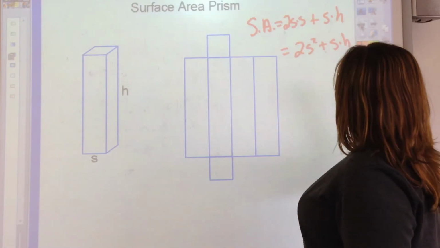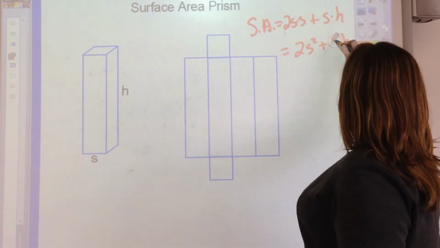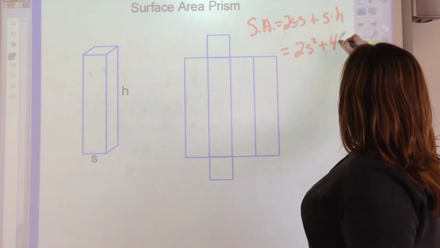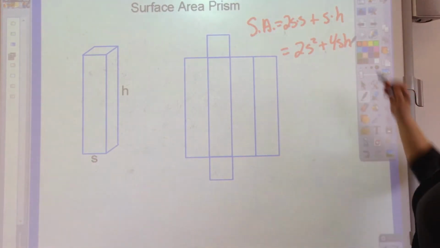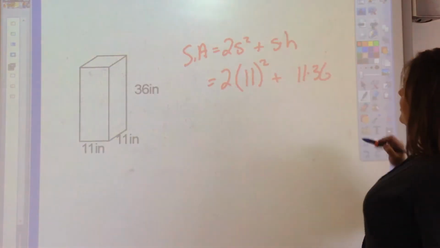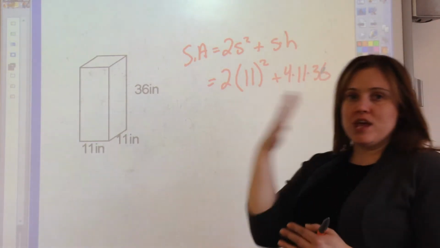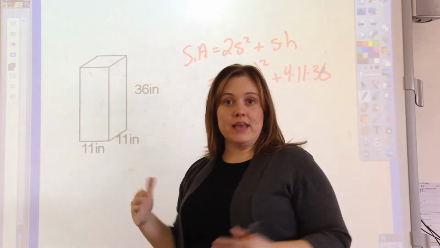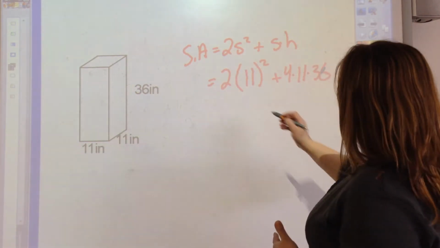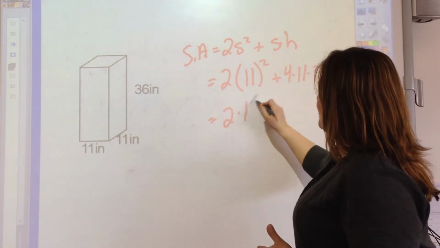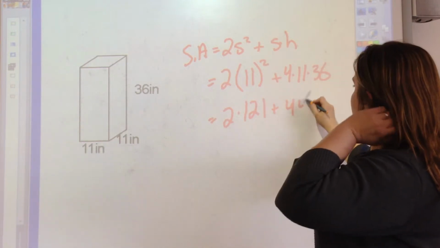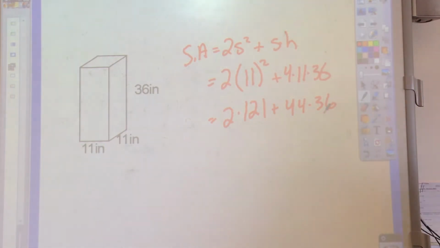I'm sorry, I need to go back to the previous page, don't I? Oi! Let's make that 4sh. Now I'm okay. My apologies. And so I should have 4 times each area because I have 4 of these rectangles. Agreed? All right, so I've got 2 times 121 plus 44 times 36.